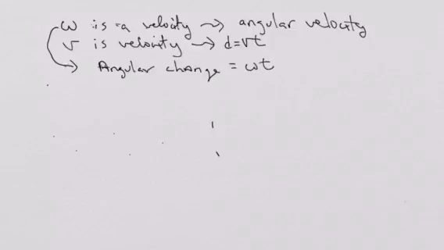That's my angular velocity times the time that I underwent that change. So if I'm changing my angle at 10 degrees a second for 3 seconds, my total angular change is 30 degrees.